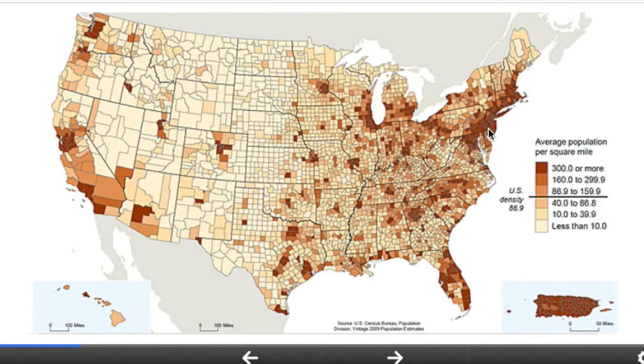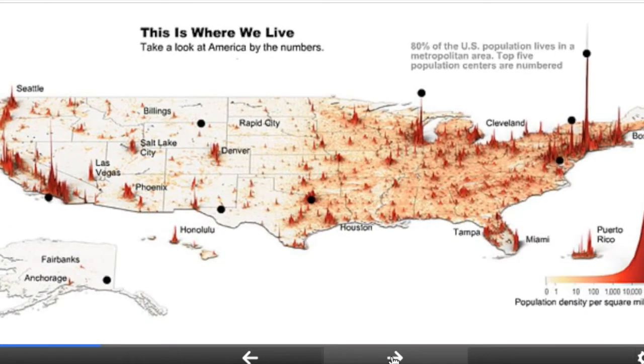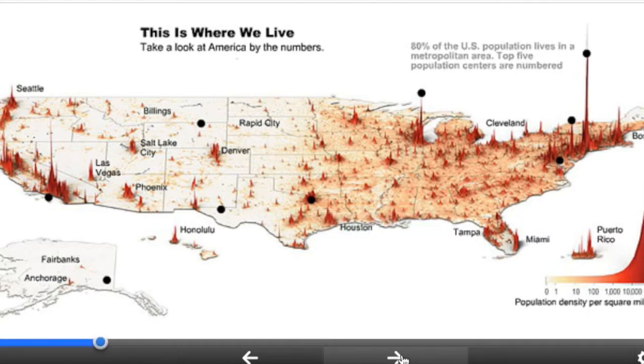However, when you look at the East Coast or West Coast, in some of the dark areas, there are populations of 300 or more per square mile. That is a very densely packed population. Looking at the map this way gives you a better view of that. You can see that cities like New York are extremely densely packed, whereas cities like Rapid City, not so much.